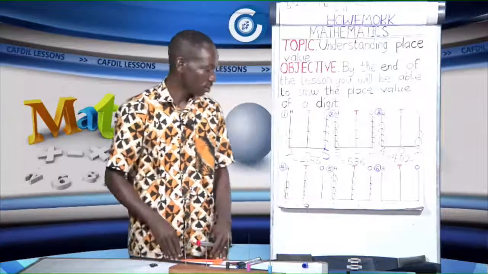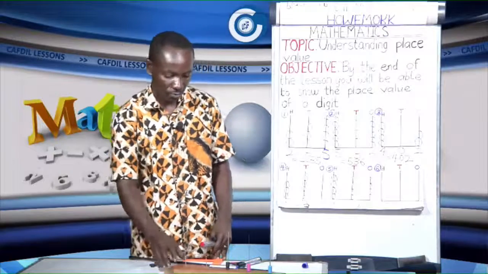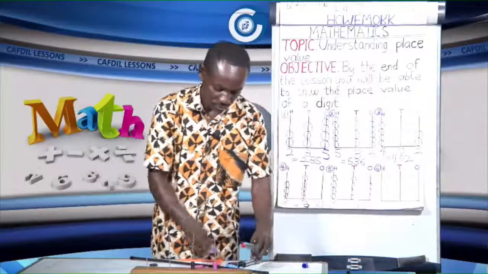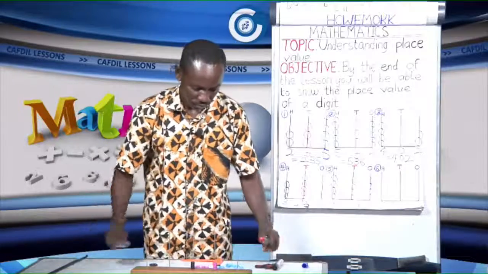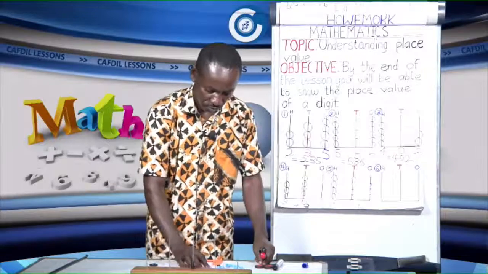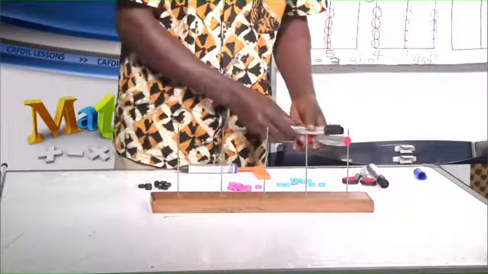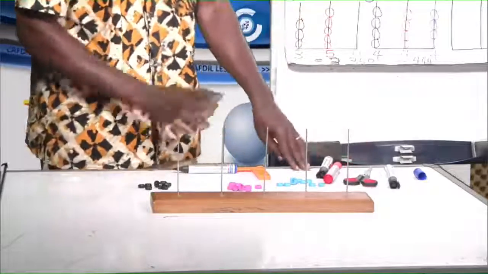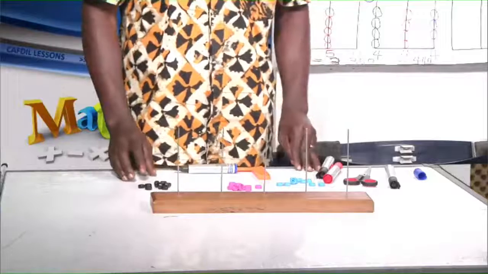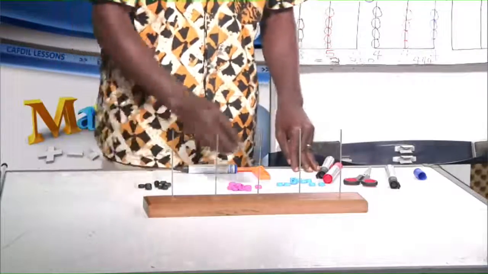All right. Let's look at another example. I'm going to take all the beads out. Now, I'm going to use different numbers for each of the columns. And then we see their value.